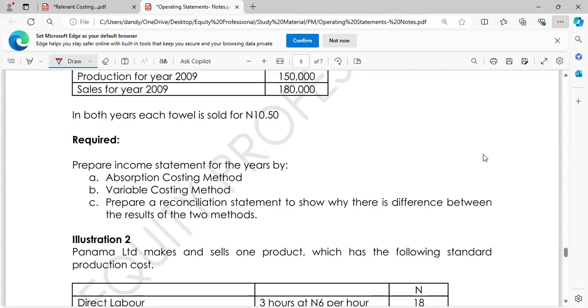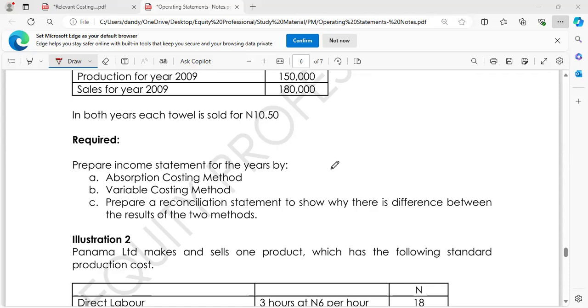Thank you very much, Amara. Appreciate. Whenever you are given a question, the most important thing you need to do is to go straight to the requirements of the question. Check what the examiner expects of you before you begin to read the body of the question.